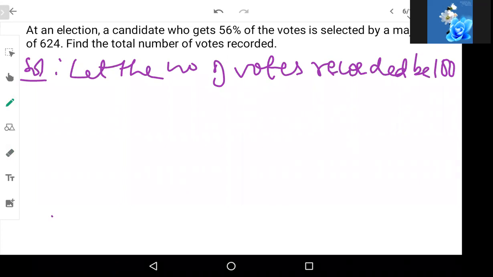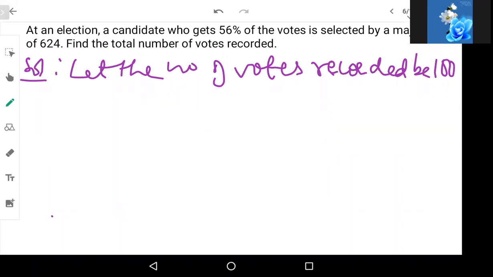So if you see the question, the candidate who gets 56% of the votes is selected by a majority of 624. They're not giving us how many candidates were there, what is the method that they're doing. There is no information about all that. But they're just saying the candidate who gets 56% is selected by a majority. So that is why we are assuming the number of votes to be 100.